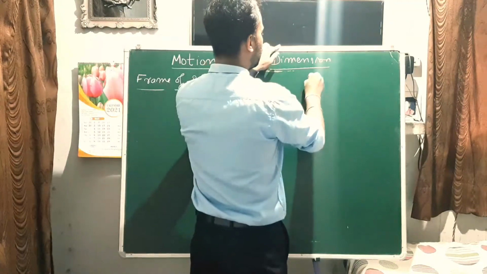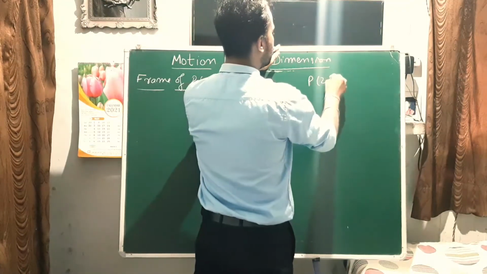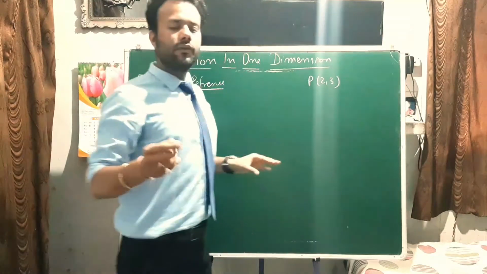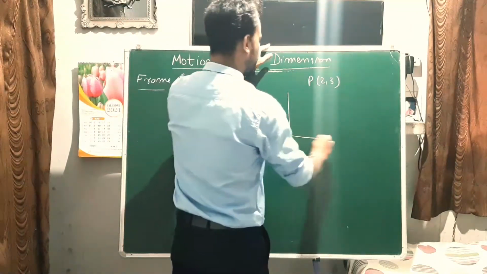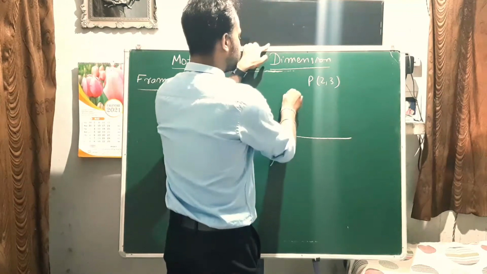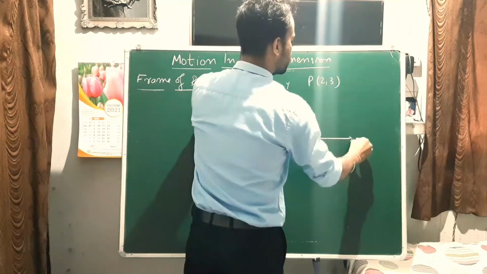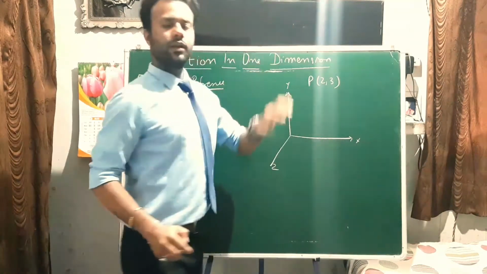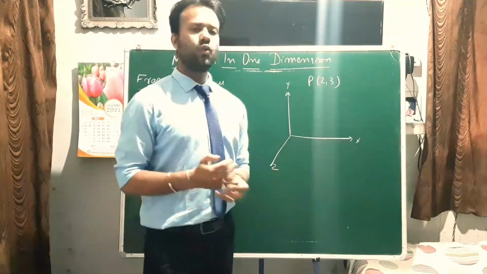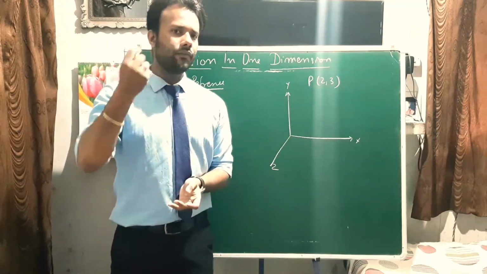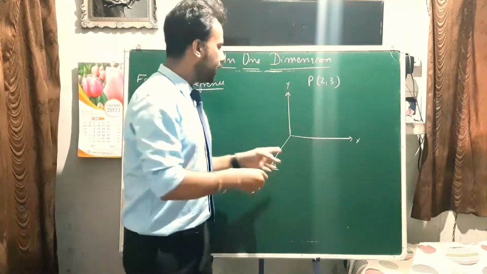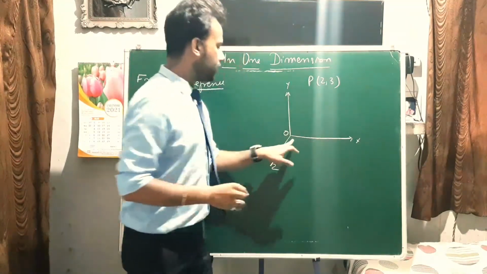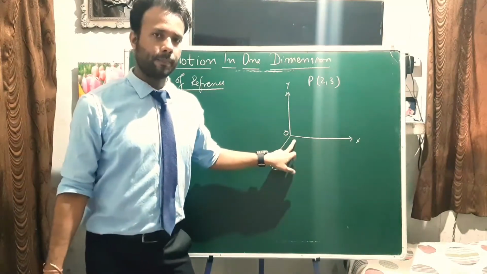When we say the coordinates of point P are 2, 3, then we must have a coordinate system like this. This is Y, this is X, and this is Z. Now where will you put these 2 and 3? There must be some reference point. So we assign these coordinates with respect to the point which is known as the origin.